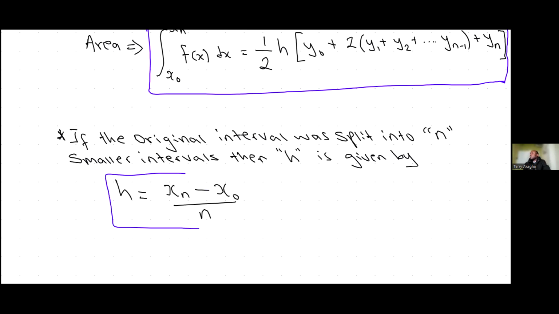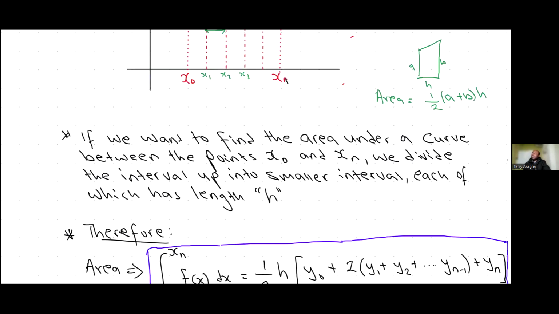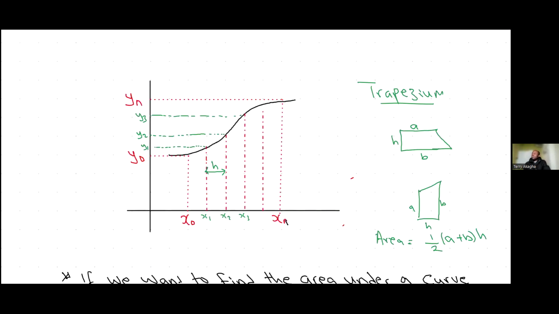Are you seeing it? So what we are saying is that if, for instance, I want to divide this into 5 equal intervals, it's going to be the value of xn minus the value of xo divided by 5.